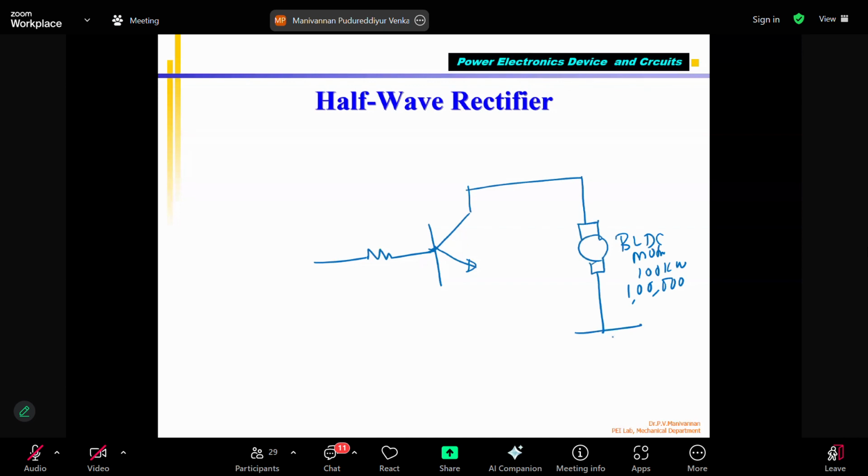And it is supplied from my lithium-ion battery, plus minus, this is 500 volts. Correct? The lithium-ion battery pack is connected to the BLDC motor, 100 kilowatts, and the motor manufacturer says VM is 500 volts. If the motor manufacturer says VM is 500 volts, you have to give exactly 500 or less only. Your battery pack voltage cannot be more than 500 volts.